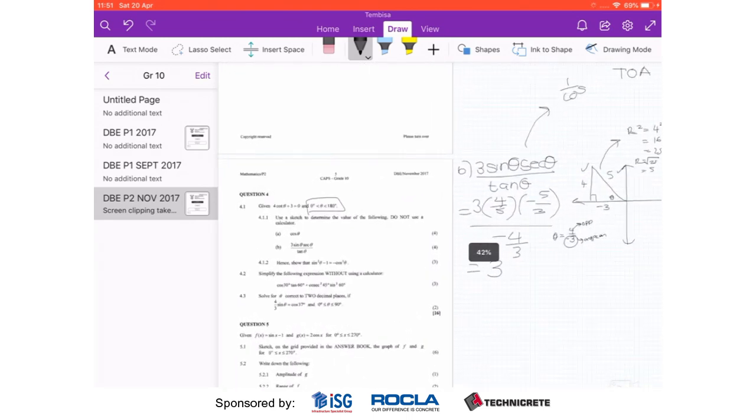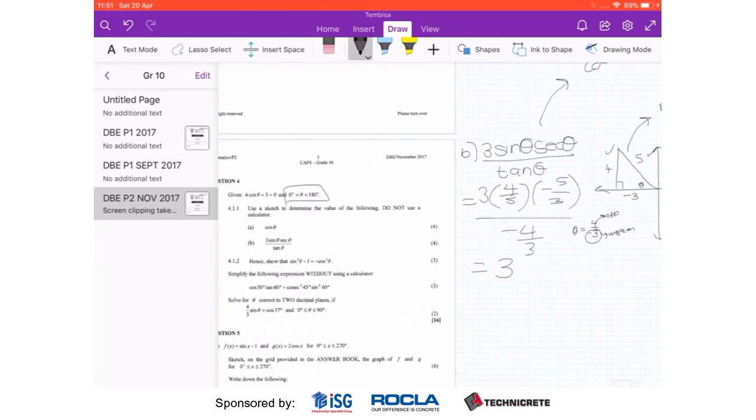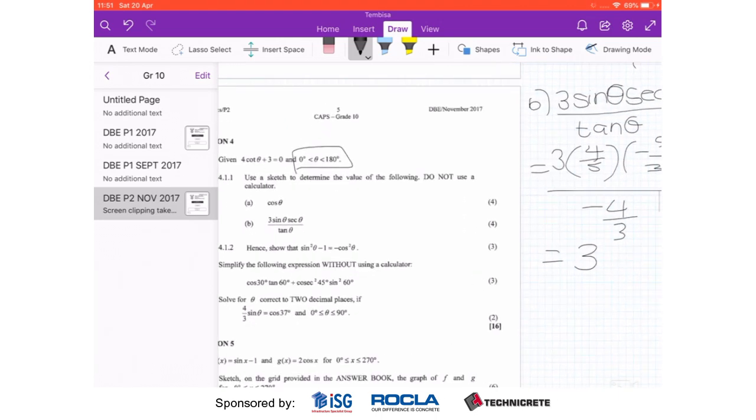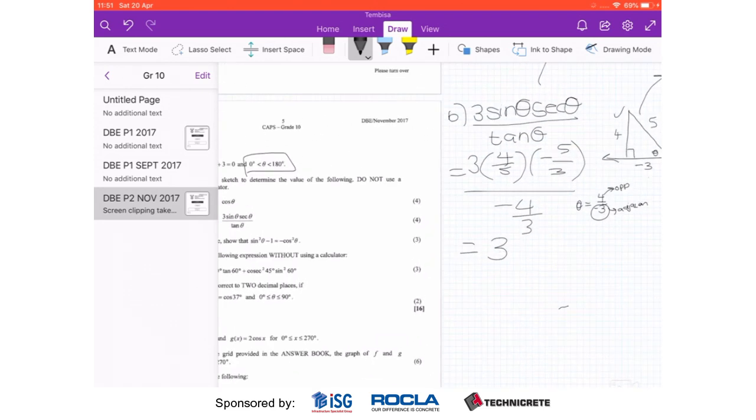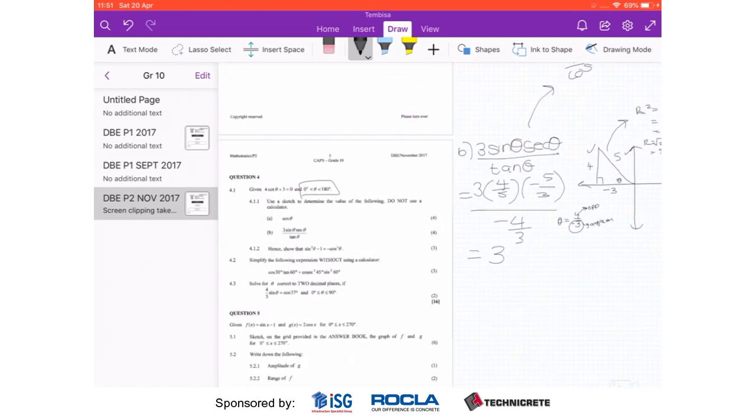Okay, next question says simplify, hence show that sine squared theta minus 1 is equal to negative cos squared theta. This is 4.1.2. So we're proving that sine squared theta minus 1 is equal to negative cos squared theta.